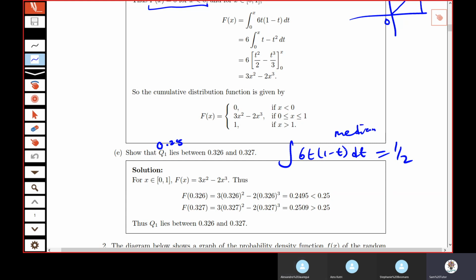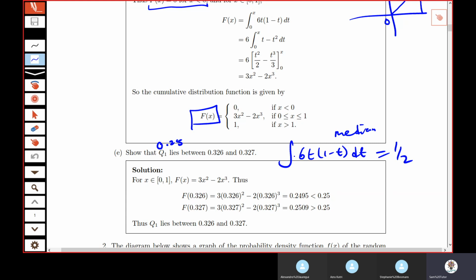Are we finding halfway of the graph or something like that? No, not that. When you're integrating, what are you actually finding? Yeah, you're right, F of x. That's what I'm trying to make you understand. You're actually just finding F of x. You're just finding your cumulative distribution function again.